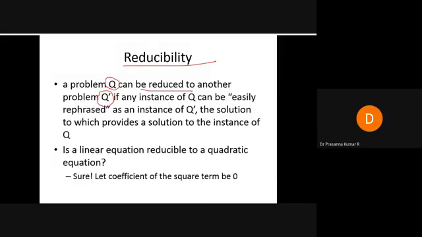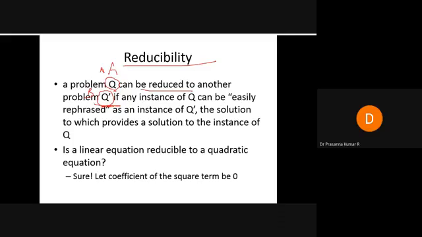Or let's have this as problem A that can be reduced to another problem B. We know that B, or Q dash, can be solved in polynomial time, that is, B is a P class problem. A can be reduced or converted to B, and this reduction takes place in polynomial time. Then we say that A is also P class. That is, Q is reducible to Q dash in polynomial time.